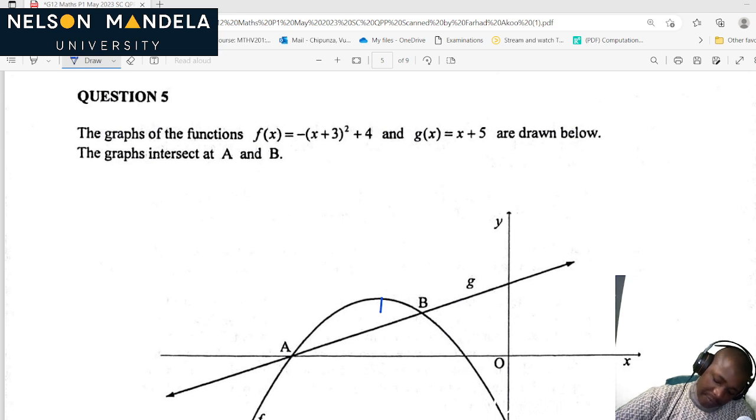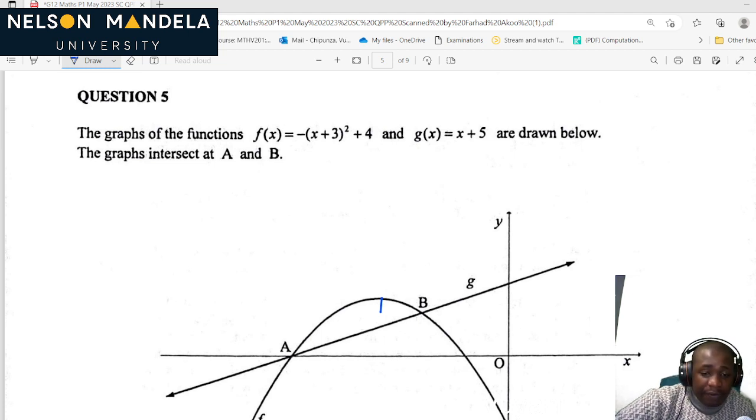Then this should be negative x squared minus 6x. Let's rectify that: minus 6x minus 9 plus 4 minus x minus 5. Then we have negative x squared minus 7x minus 10. Okay, then now we want to know the value at maximum.